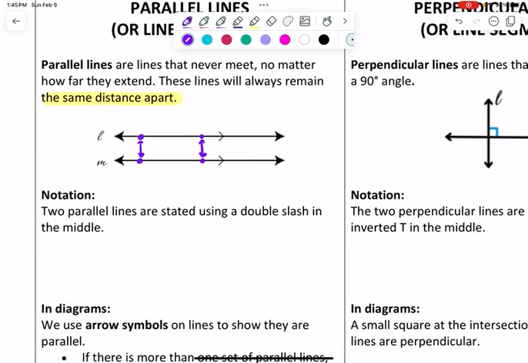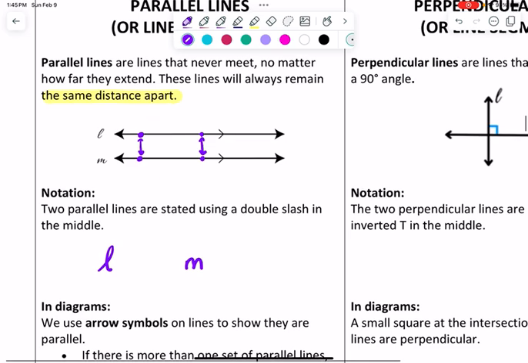Now, I know how to name lines. In this case, in the diagram above, I have a lowercase l for my first line and a lowercase m for the second, because I don't have points on here, and that's totally okay. If I want to write a statement saying line l is parallel to line m, I use this double slash mark.